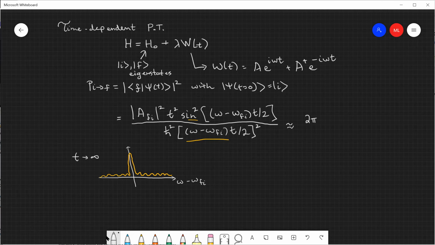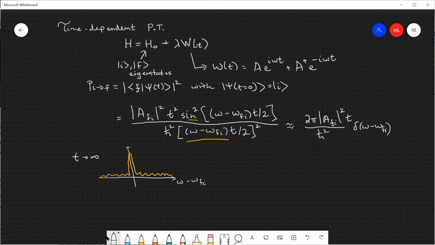We got 2 pi, and we have this a fi squared over h bar squared, and then we have the delta of omega minus omega fi, like that.